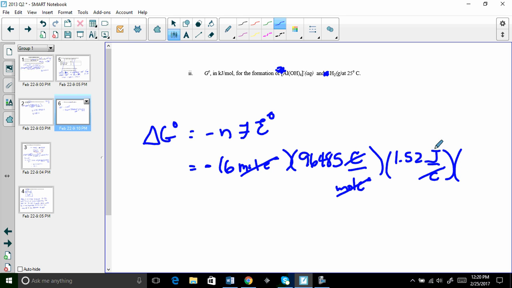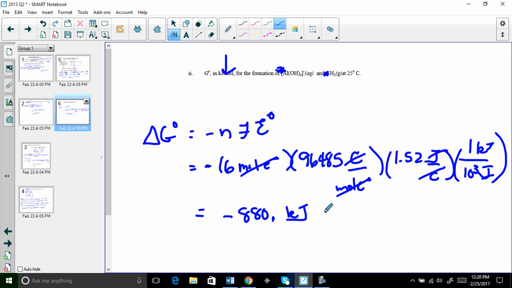And then I always like delta H and delta G to be in kilojoules. So they actually asked for kilojoules. So 10 to the third joules is 1 kilojoule. And you end up, going to 3 sig figs, with negative 880 kilojoules. And I'm putting a dot there because that 0 is significant. Or kilojoules per mole of reaction, because those things are interchangeable.